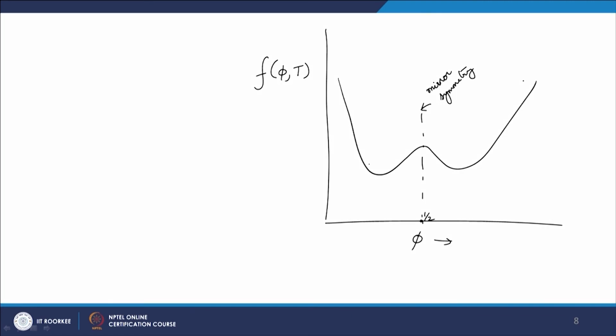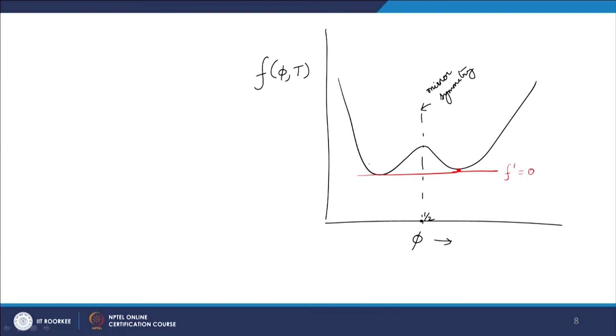So, you can see if I draw a common tangent now, that common tangent will be a horizontal line which corresponds to f prime is equal to 0, and that simplifies our calculations. Okay. So, by adding a linear term, we got this particular advantage in terms of our equation.